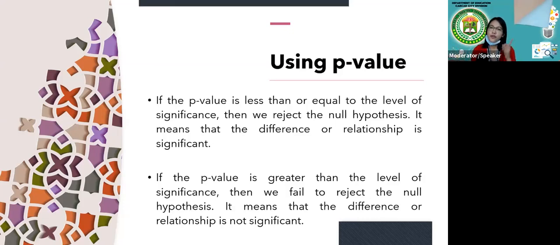Therefore, you fail to reject the null hypothesis, meaning the difference or the relationship between the two variables that you are studying is not significant. So you would say there is no significant difference or relationship between sleep and performance. I think that is a bit clearer now. Let's proceed.